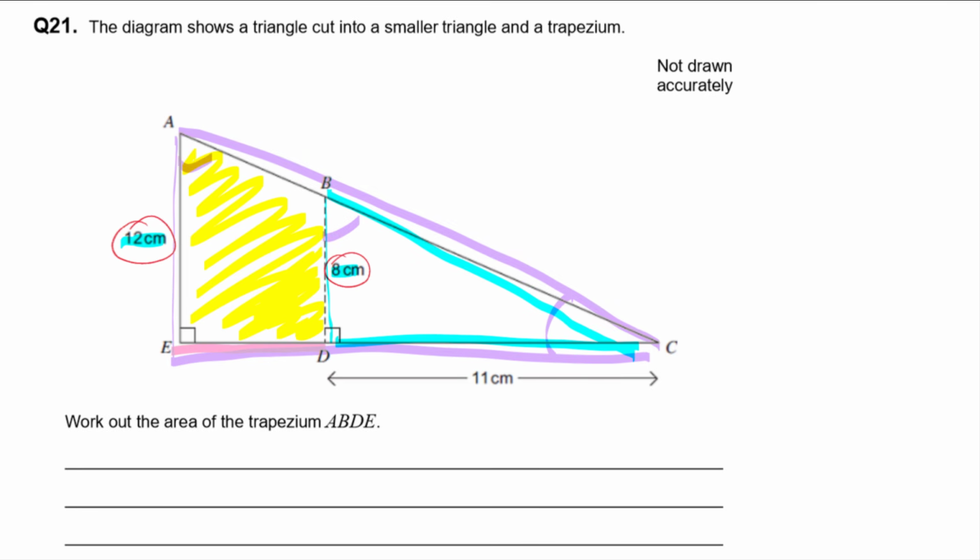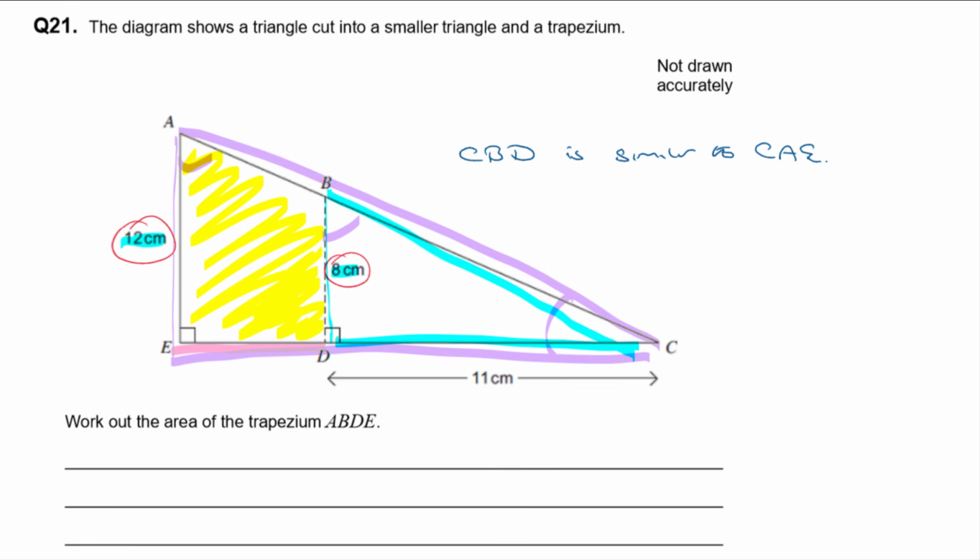Have to be, because the other 2 are the same. Okay, so they are 2 similar triangles. So we can say then that CBD is similar to CAE. Okay, those 2 are similar.